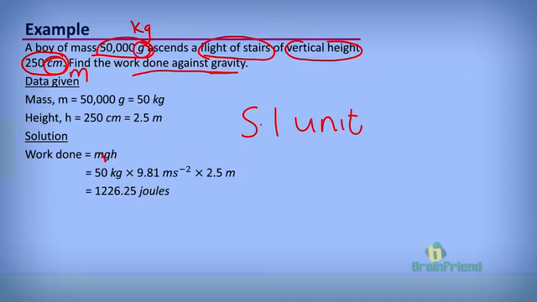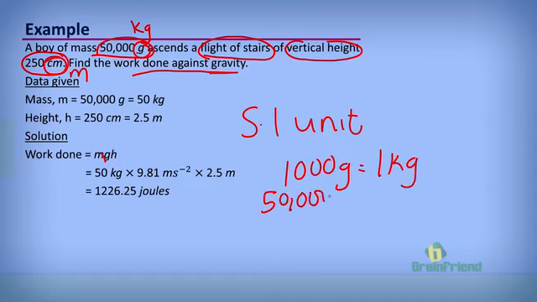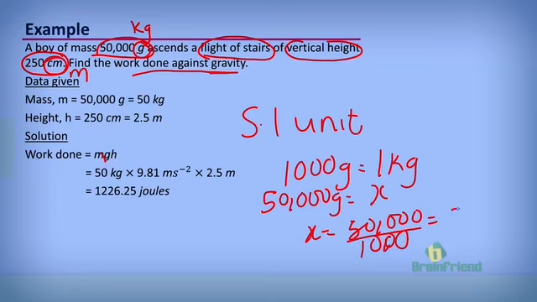That's 50,000 grams is equal to 50 kilograms because we know that 1,000 grams is equal to 1 kilogram. So 50,000 grams will be equal to X. So X is equal to 50,000, when you cross multiply, divided by 1,000, which is equal to 50 kilograms. So we have succeeded in converting the mass in grams to kilograms.